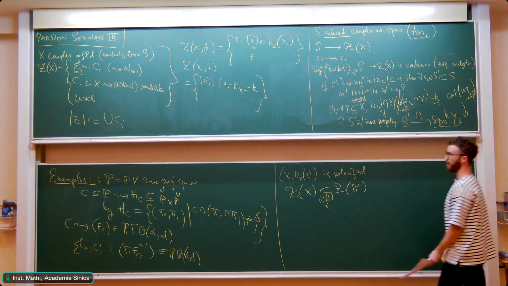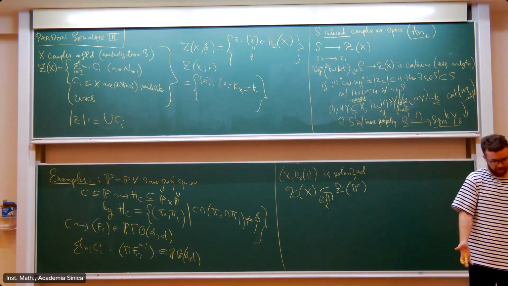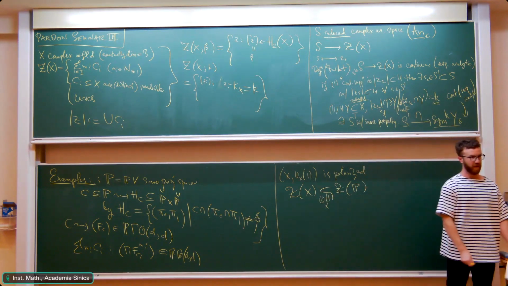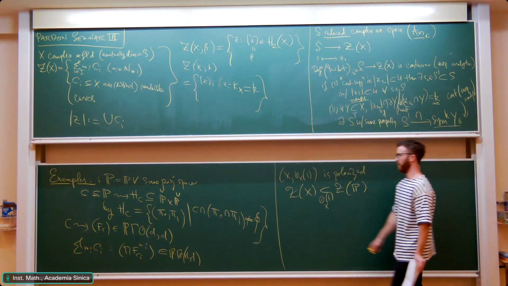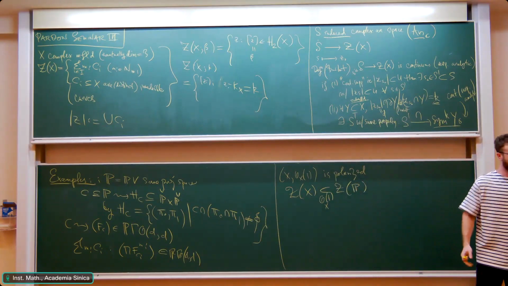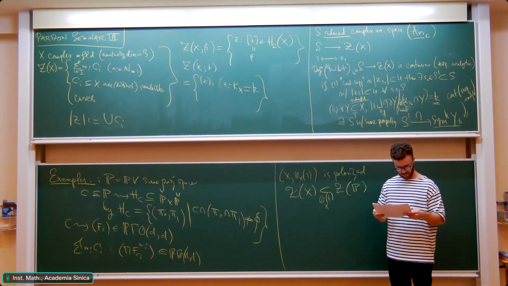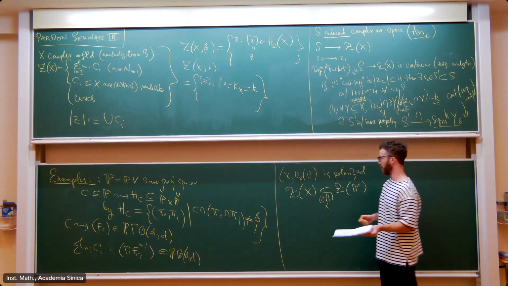Right, if I choose some polarization of X, embedding it into projective space, then I get some cycle thing in here. Well, I suppose since we already sketched what functor this is supposed to represent, we can say that it's independent, but I don't want to make any claim about that.